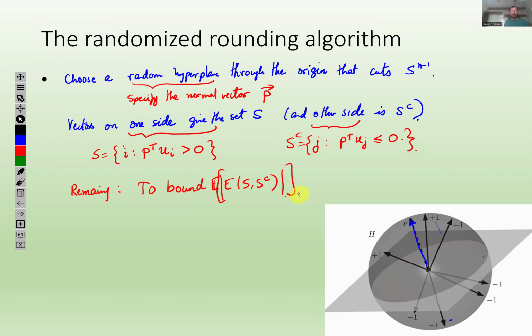And what Goemans and Williamson did is they used the SDP, came up with this algorithm, and showed that this thing is at least 0.878 times the actual max cut.